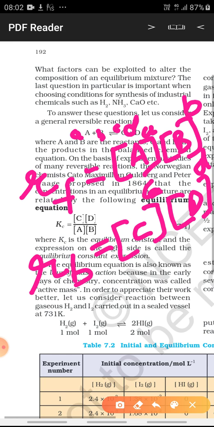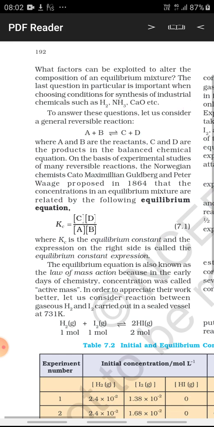Now, dividing the second equation by the first equation, we get this. That means Kc is the rate of backward reaction upon rate of forward reaction, which is equal to the product of molar concentrations of products divided by the reactants. C and D are products and A and B are reactants.